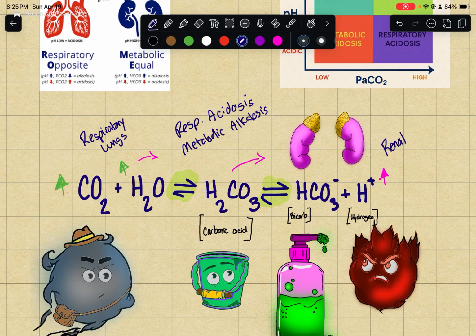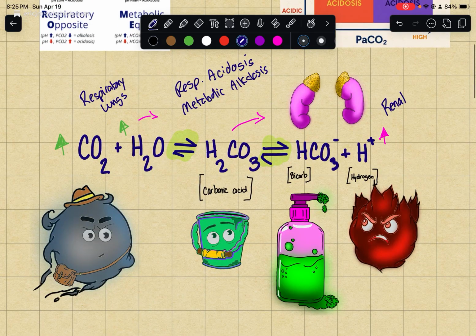It has to go back to the left side, because HCO3, bicarb, I put soap here because it makes sense that bicarb is binding to something, kind of the way soap binds to grime and dirt and grease and stuff like that. So that's why I think of bicarbonate. It's not necessarily a soap, although I'm sure you can use it as a soap. But either way, let's talk about the other scenario, forced eviction.